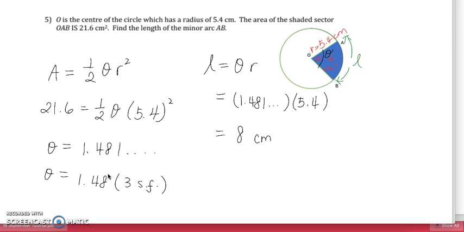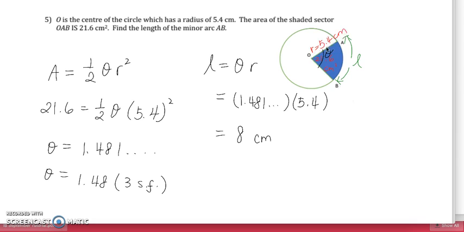And lastly, we have a circle question. So O is the center of the circle, which has a radius of 5.4 centimeters. The area of the shaded sector, OAB, is 21.6 square centimeters. Find the length of the minor arc AB. So for questions like these, I highly recommend that you label your diagram.